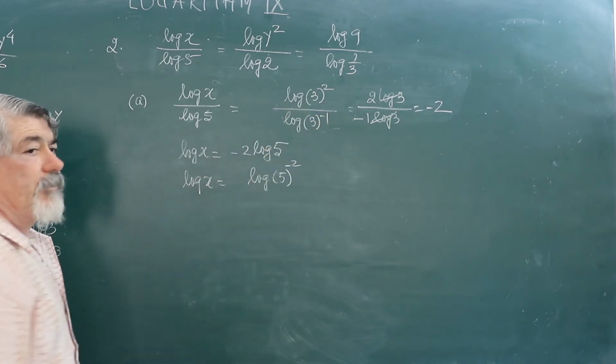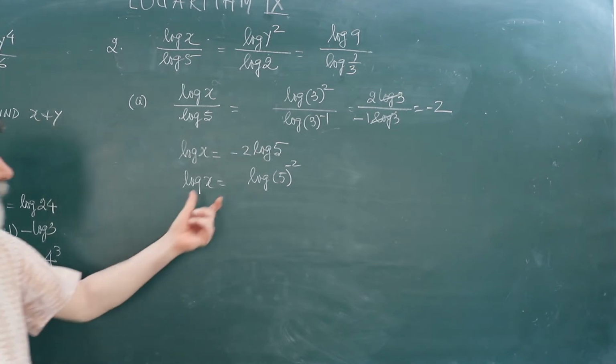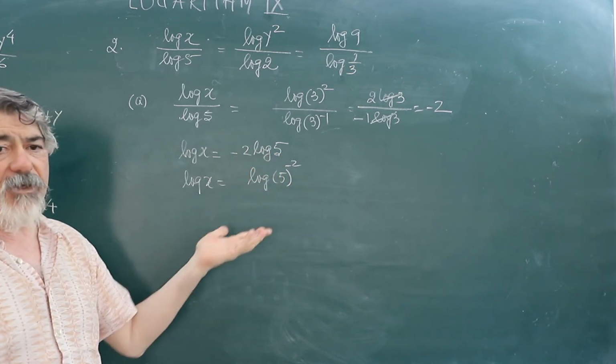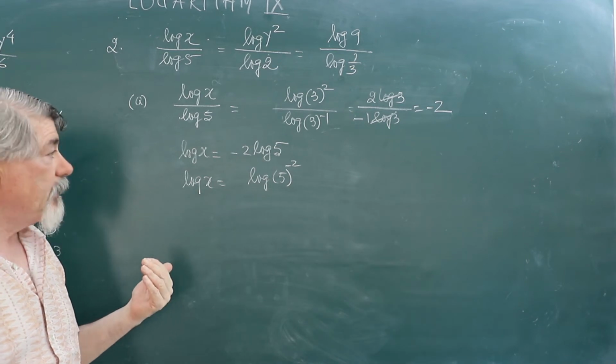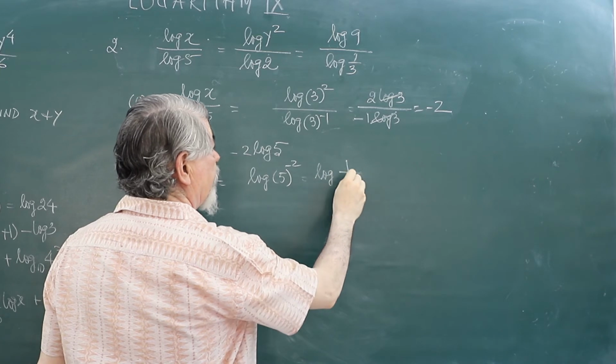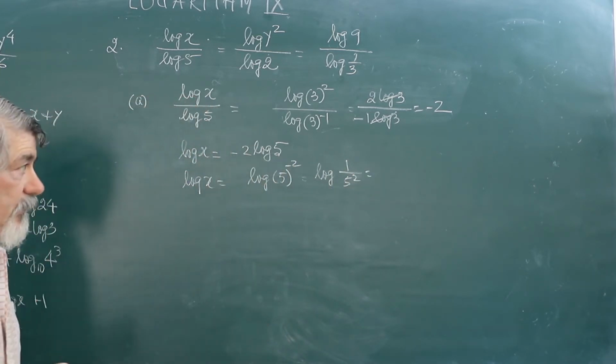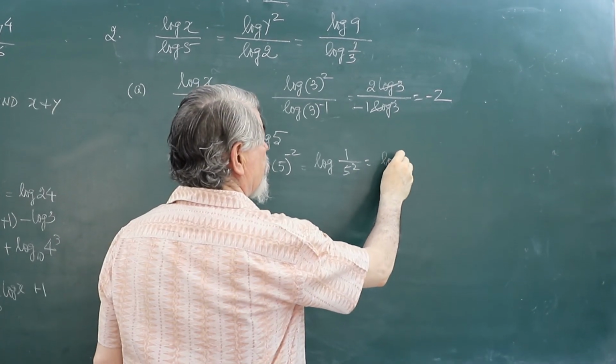I have taken the multiple as the power. You can always take the power law. It will become log 1 upon 5 to the power 2, because I want to change this from minus to plus. It will become log 1 upon 25.